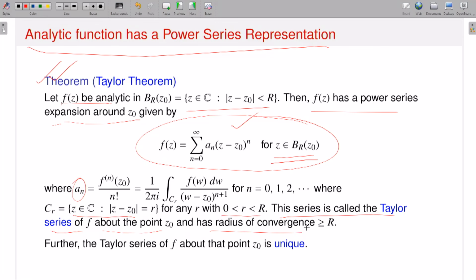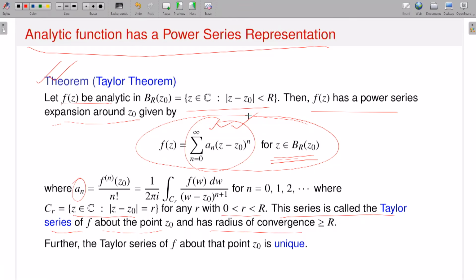Of course, it has radius of convergence at least R. I am saying that this equality is valid for all z in B_R(z0). So if I take a point z from B_R(z0), this series converges. But it might happen that this power series also converges at some points outside B_R(z0). Inside B_R(z0), it certainly converges, and it is exactly equal to your analytic function f.